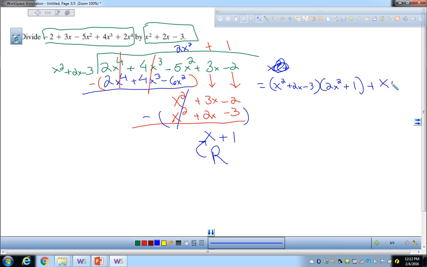X plus 1. Okay? This is the same as saying, I don't want to go there. I'm going to just leave it like, well, I could.